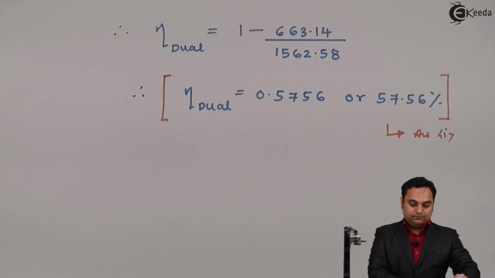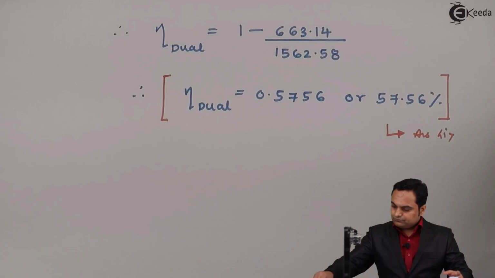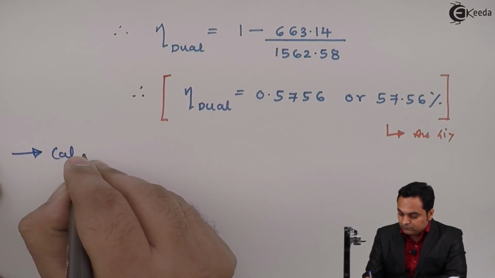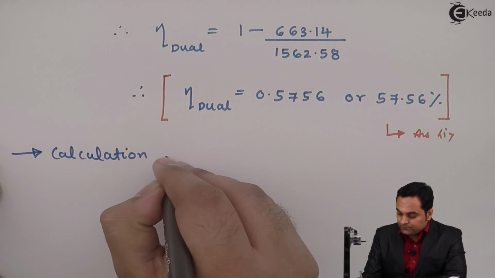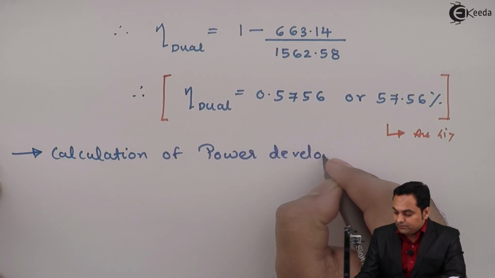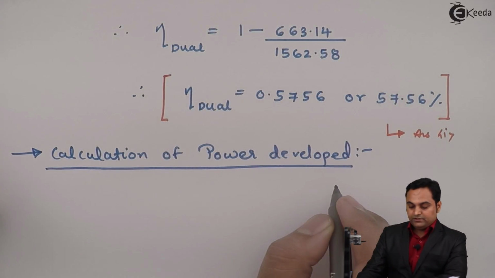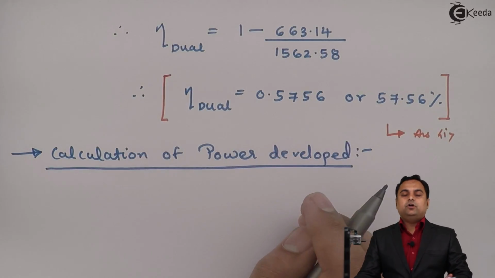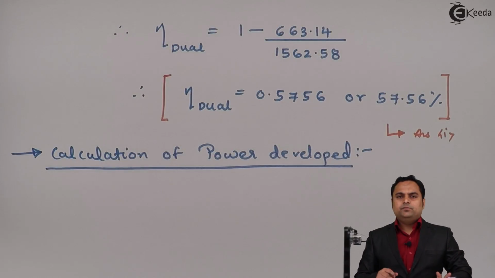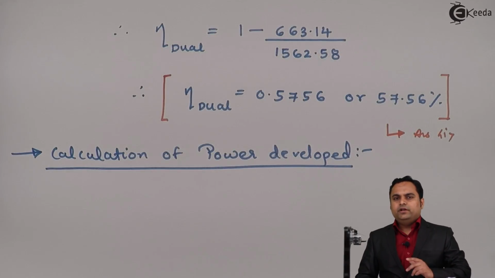Therefore, for the calculation of power developed, first we need to calculate how much is the work done during one cycle, and for that I'll calculate the value of mass, because it would be required in the calculation of power to get the unit of power in some form.